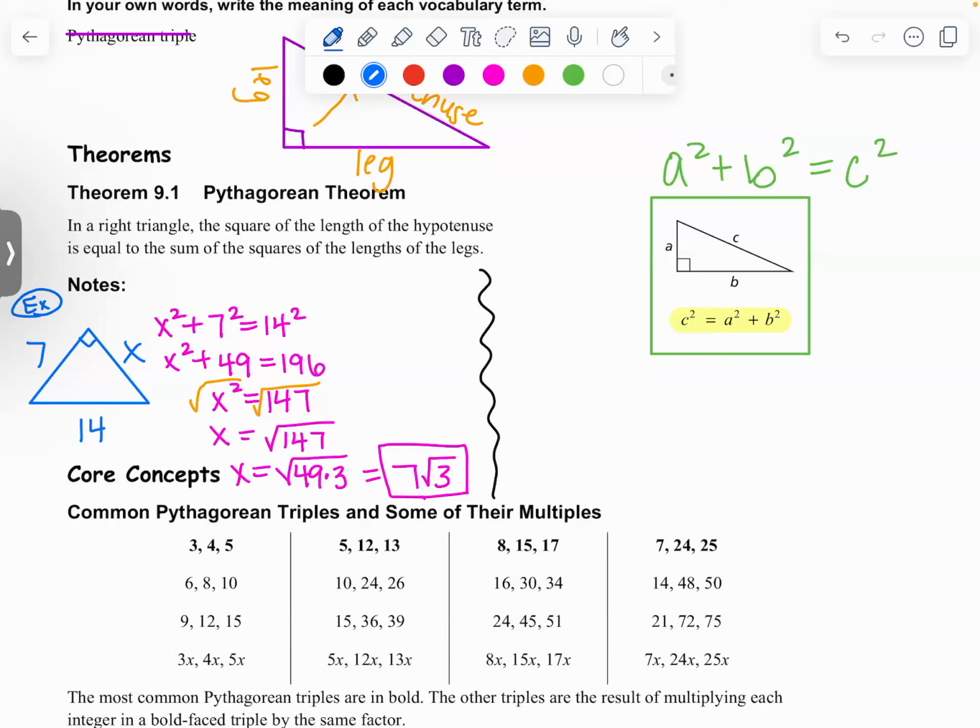Okay, let's do another one. We'll do one where the hypotenuse is missing. That's not a great triangle. 4, 6, 8.